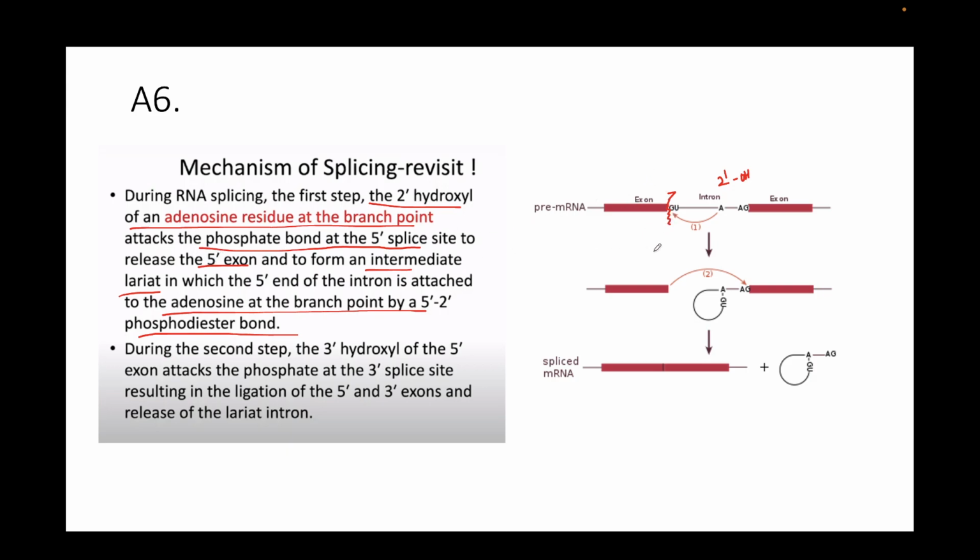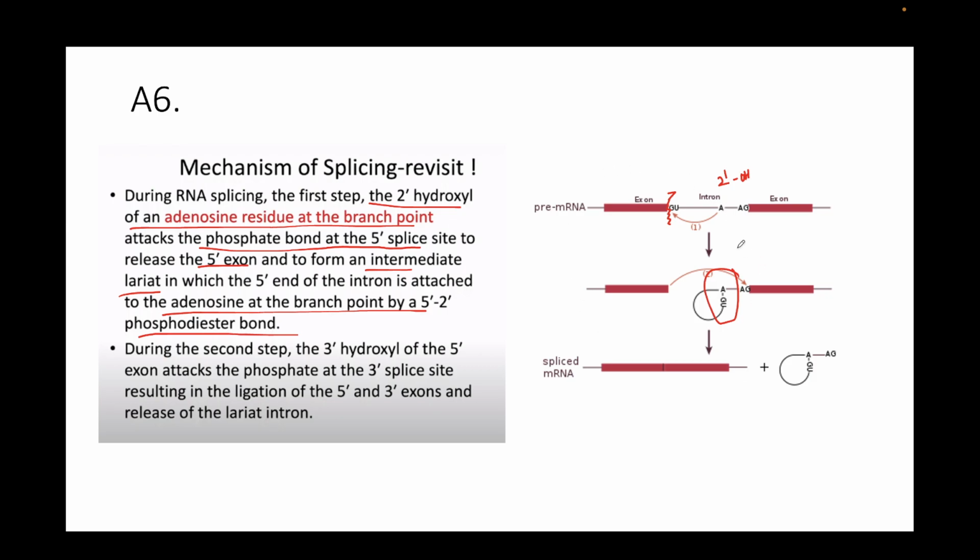That means this exon has been released. As you can see, there is no bond, and for example this G point has been removed, so it is just an overhang, and at that point it forms another phosphodiester bond, the 5'-2' phosphodiester bond. Here you can see the 5'-2' phosphodiester bond.